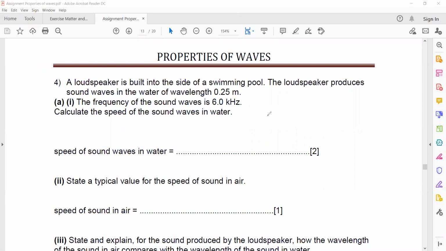You have the wavelength and you have the frequency. It will be 1500, that's correct, because 6 kilo means 6000 hertz.